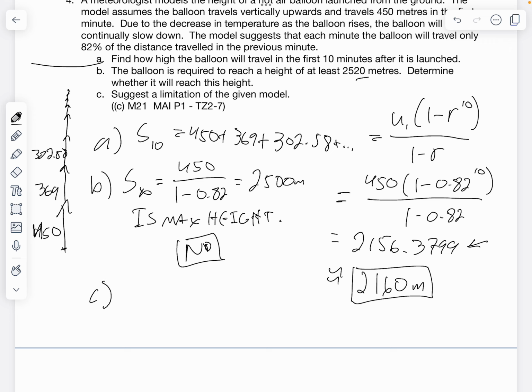All right. For C, once again, we've been talking about this a little bit. A limitation for the model. Lots of things we could say, right? One is they don't talk about the horizontal motion at all, like wind. If there's wind that's blowing it left and right, maybe it won't entirely just be going upwards. One is that I think the balloon is going to shrink as it rises, so they're not talking at all about the size of the balloon.